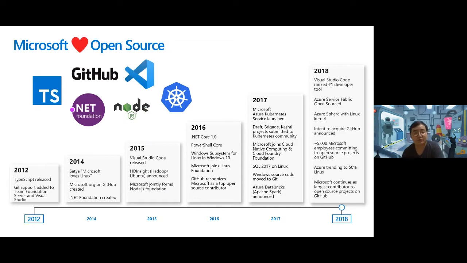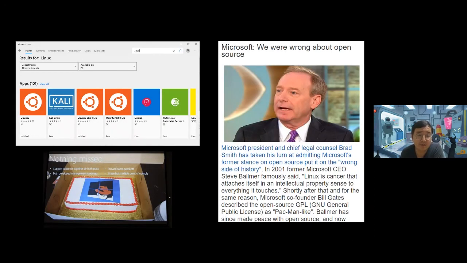So today I'm using Windows 10. When I search Linux on the Windows App Store, I can see lots of interesting widgets. Like this is Ubuntu, this is Kali Linux, this is Ubuntu 20.04 and Ubuntu 18, or Debian, SUSE Linux, or many Linux distributions.